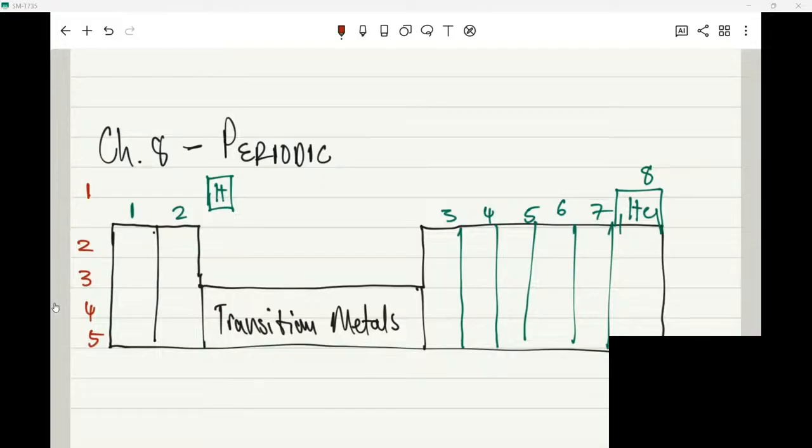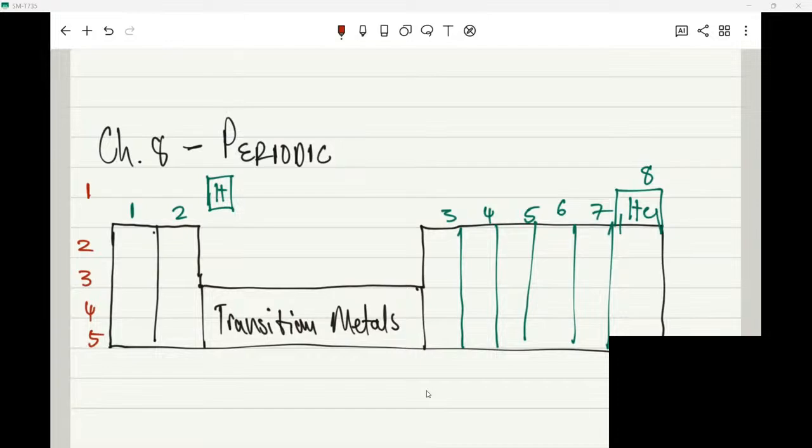We talked about it last time, and I'm going to remind you that the group tells you the number of electrons you are going to have in the last shell, the very last shell. So if you want to know how many electrons you have in the last shell, just look at the group.